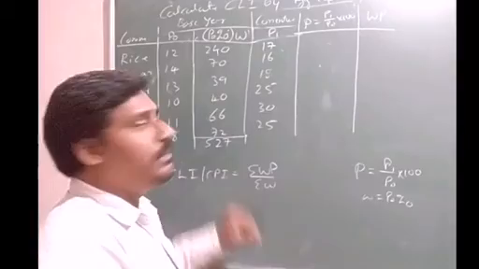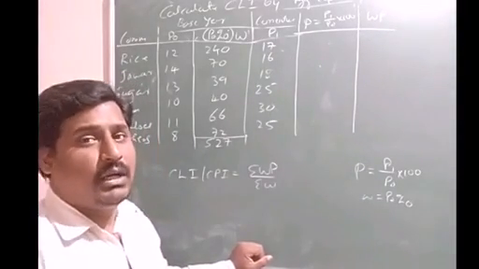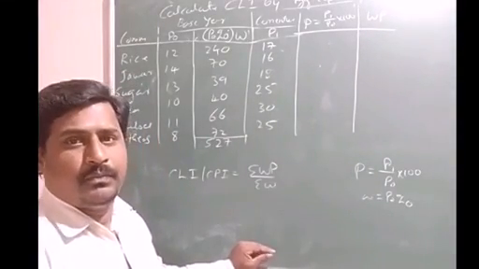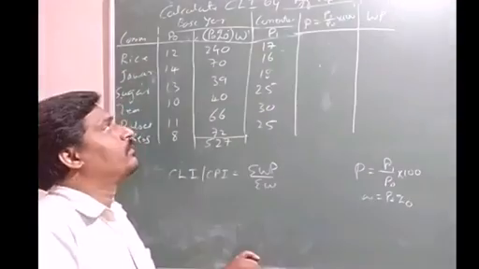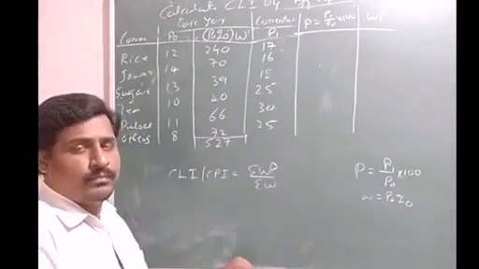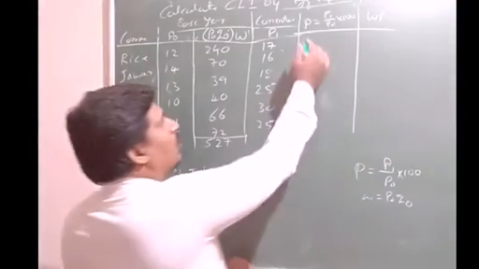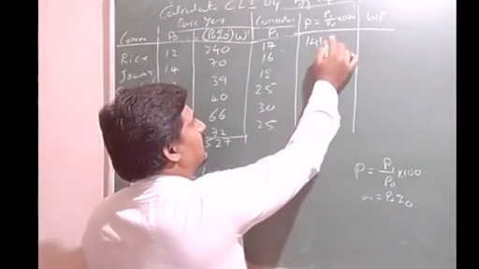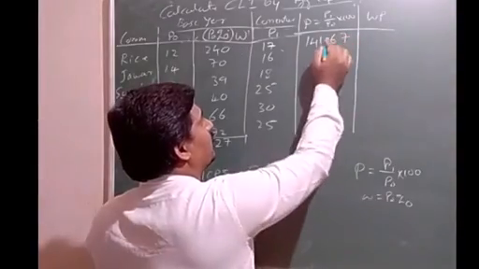17 divided by 12 into 100, 141.67. Take only two digits.